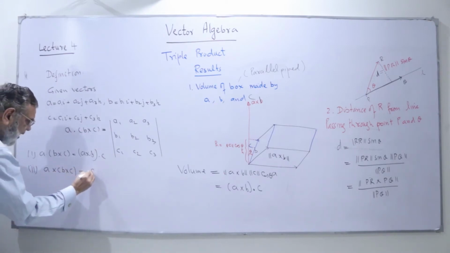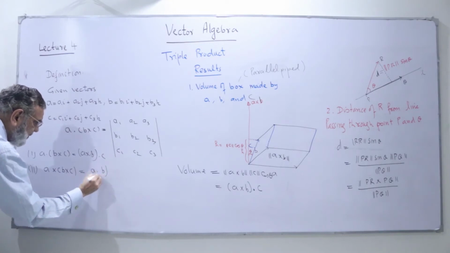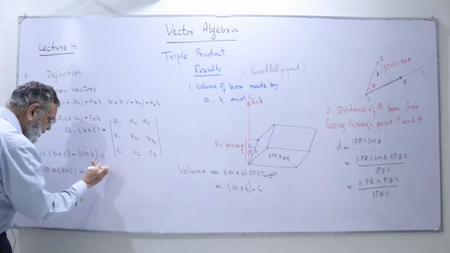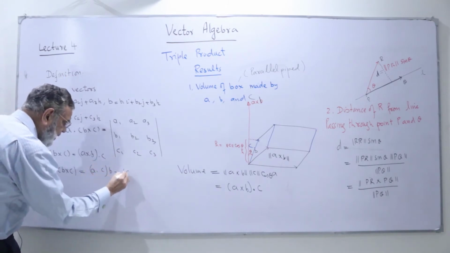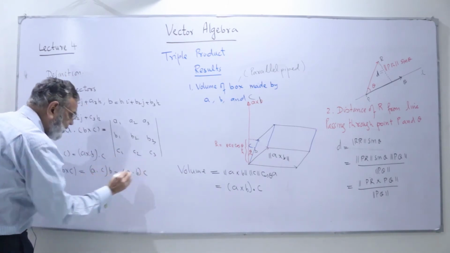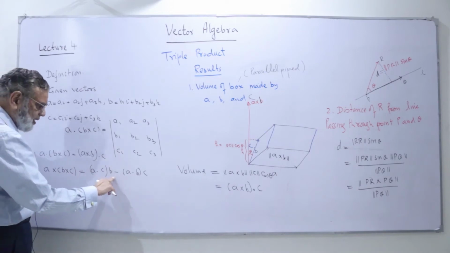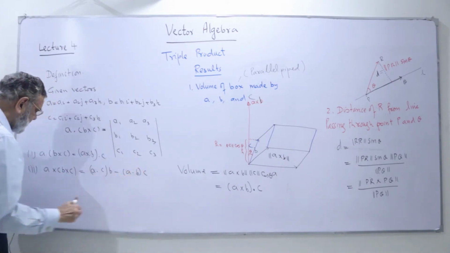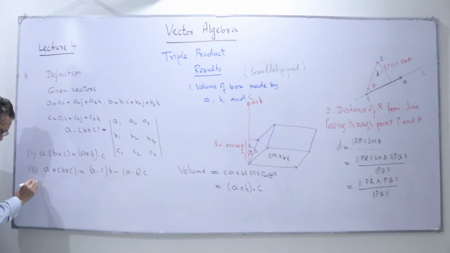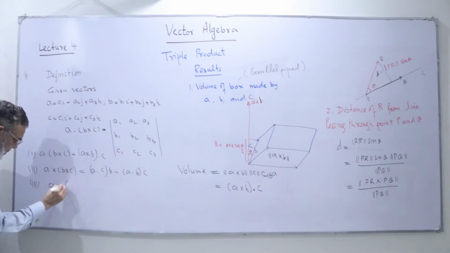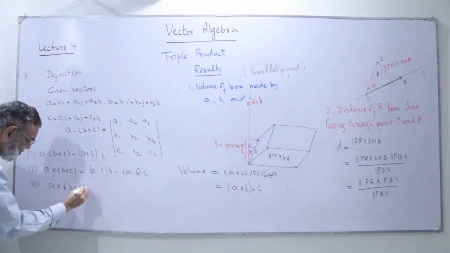This is equal to A dot C into B minus A dot B into C. As I told you, there are two definition ways. Take the cross product, again take the cross product, or take the dot product, multiply B, take the dot product, C. This is a vector. Number three, we have the distributive law, that we have here A cross B plus C.